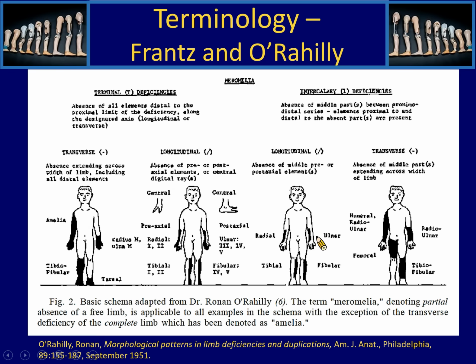If the patient loses his ulnar bone, we call it longitudinal ulnar. Okay, so this is the French or classic classification of the lost limb of the upper limb. This is the French classification system.